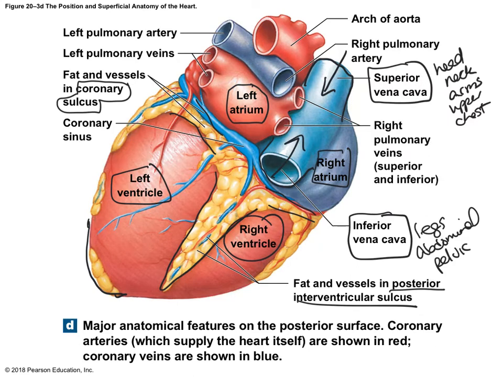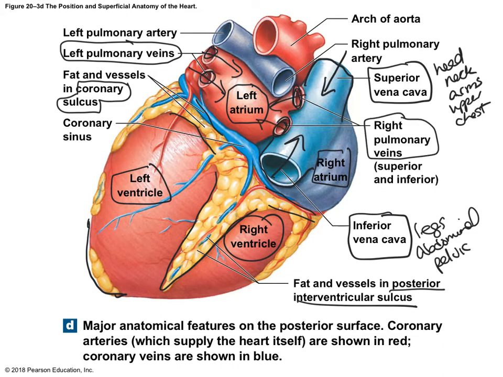Now, if we look at the left atrium, we can see that there are these pulmonary veins here. And these pulmonary veins are receiving blood from the lungs. So on the left side here, we have the left pulmonary veins draining blood into the left atrium. And over here, we have the right pulmonary veins, and they are draining blood into the left atrium.